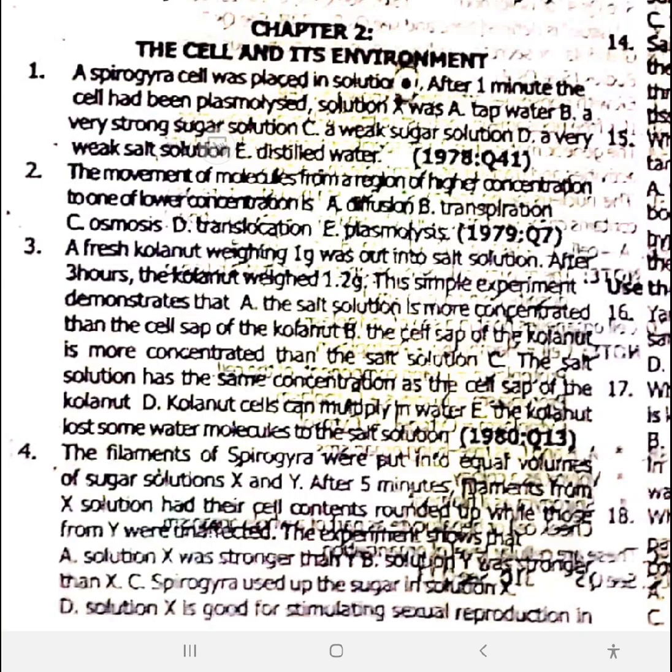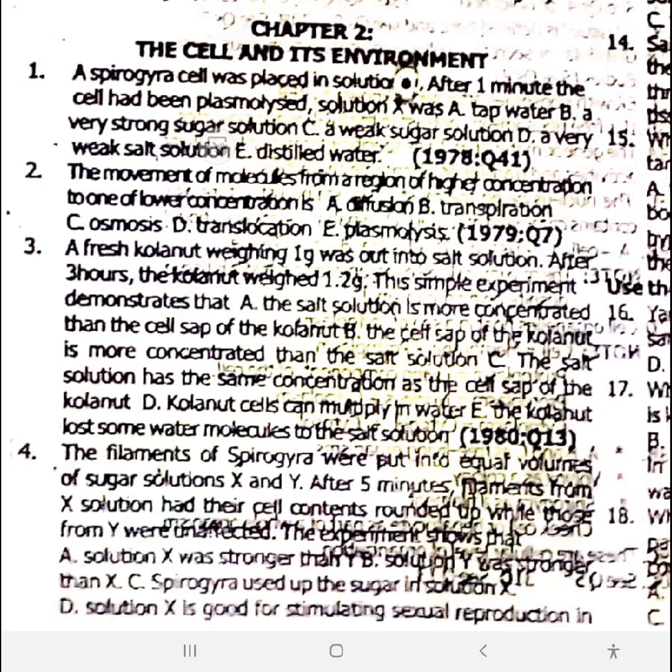What is happening is that the salt solution inside the water is hypertonic, while the sap inside the ugu leaf is hypotonic, meaning it's not as strong as hypertonic. So what will happen? It will shrink the cell sap out of the leaf.